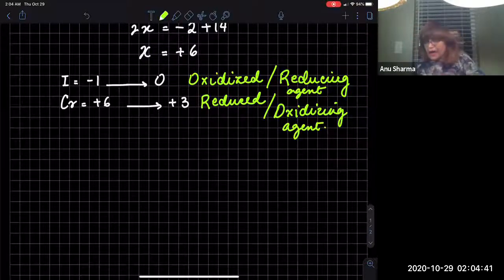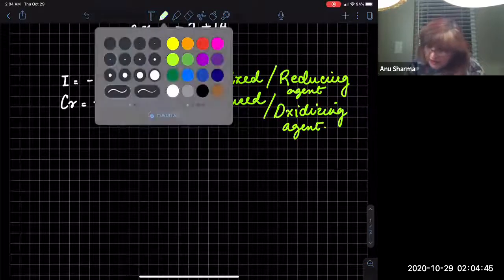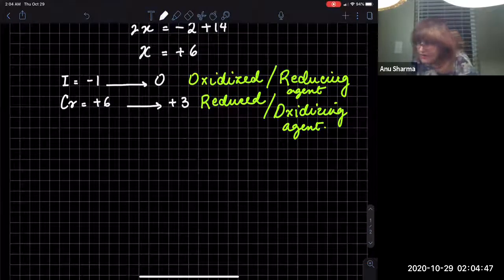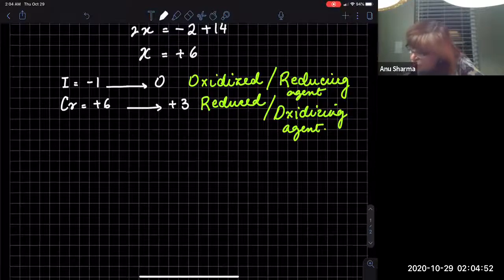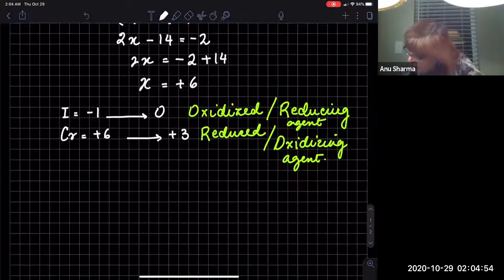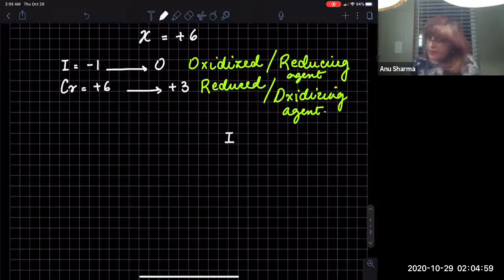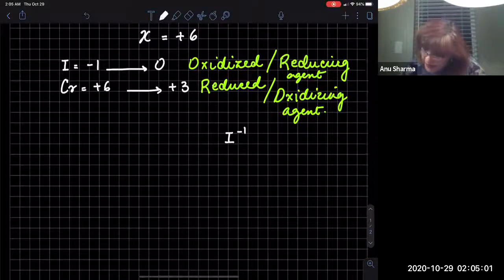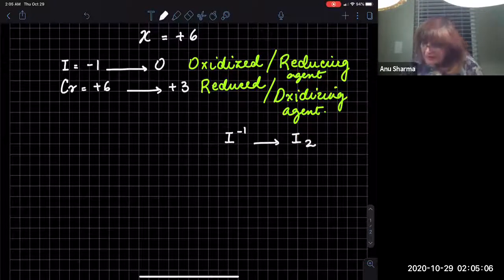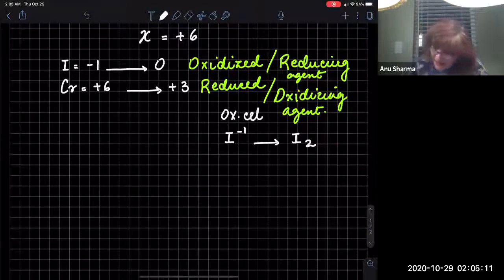All right, now you're going to split it up into two parts, that is the two cells. So the first cell is going to be where iodide is converting to I2. Okay, so we're going to put this on one side, I -1 to I2. So this is the oxidation cell, and here is the reduction cell.